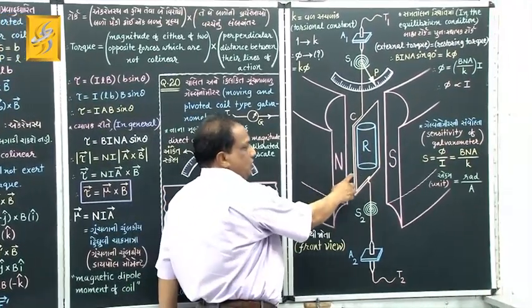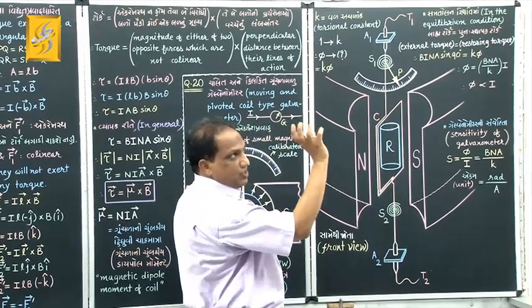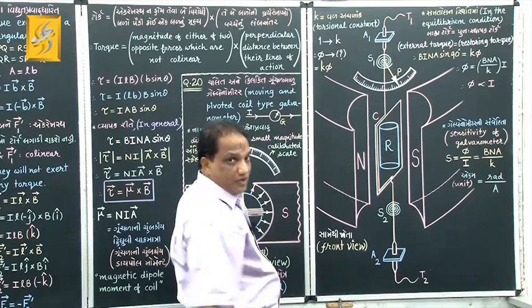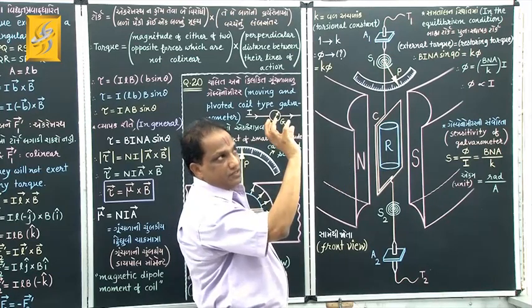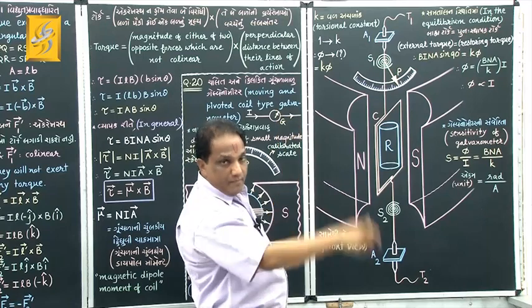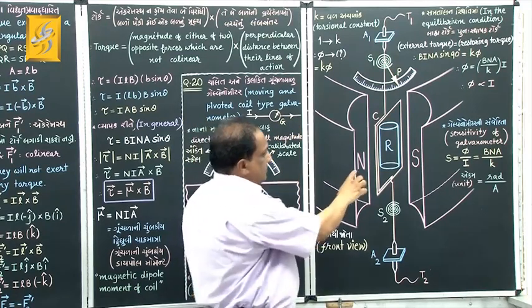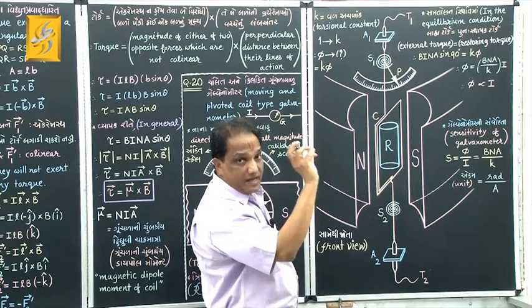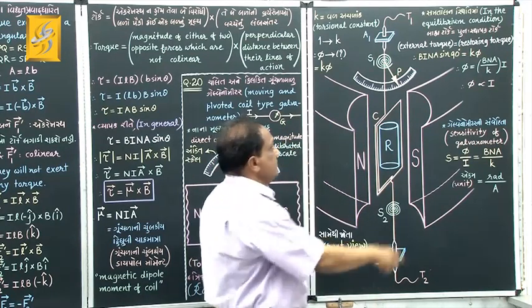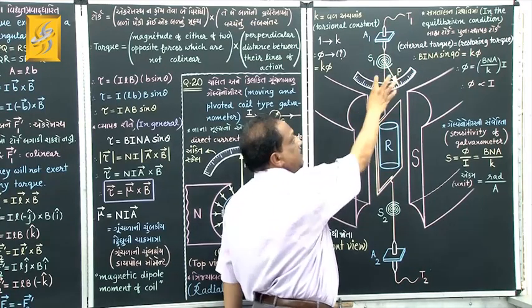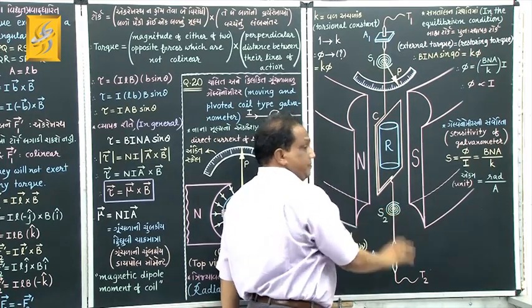Because of external torque exerted on the coil, it gives some angular deflection. It starts showing you more and more angular deflection. But then, as this coil gets deflected, there is a winding, there is some twist in these elastic springs.